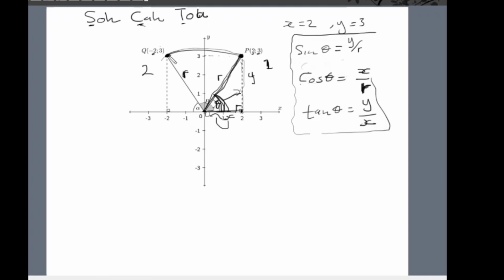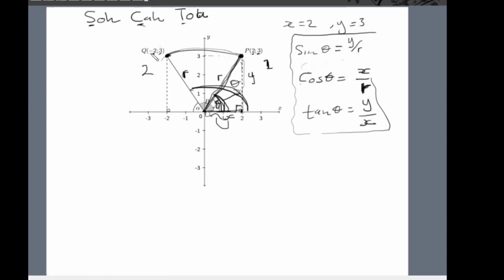And then when we rotate this line and take it to the second quadrant, now theta is that angle there. So as we rotate, the signs of these trigonometric ratios will change, because as we rotate around the Cartesian plane, the values of x and y will change.